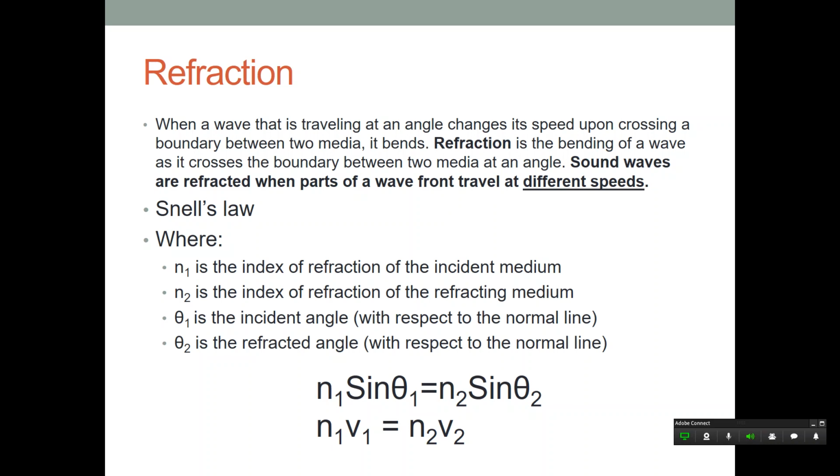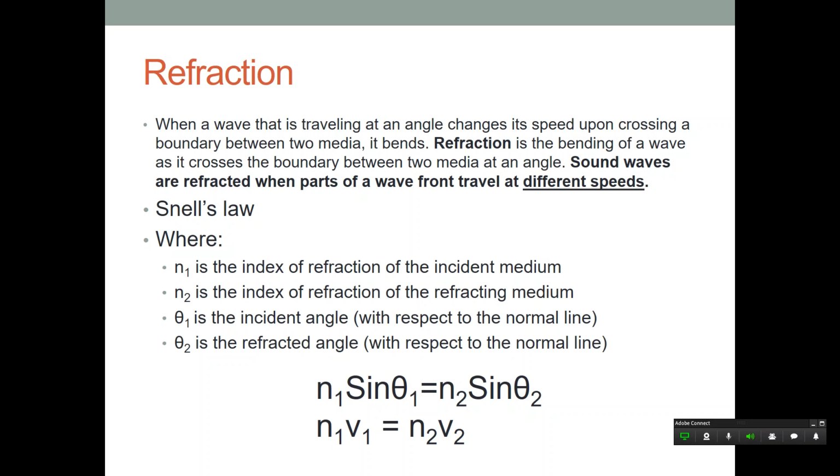The speed of light in air is 300,000 kilometers per second, or 300 million meters per second. But that's just in air, or very close to being in air, or in vacuum. If you put it in water, it slows down. Put it in glass, it slows down. And so it depends on which medium it's in. So we have this equation here, and this is like the super equation at the bottom.